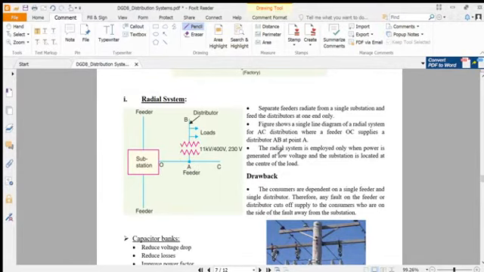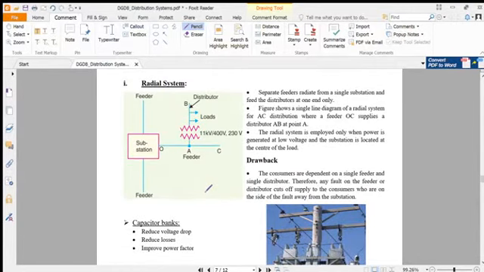The radial system is employed for the low voltage end side. There is a disadvantage of this system because only a single line is connected, so if any fault happens here, then the entire side will go down.